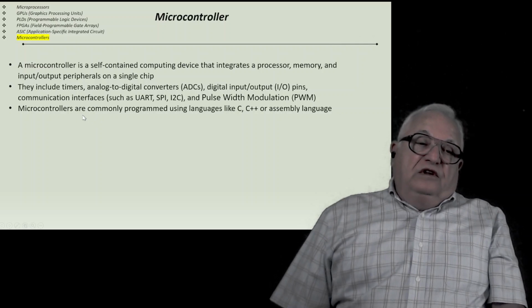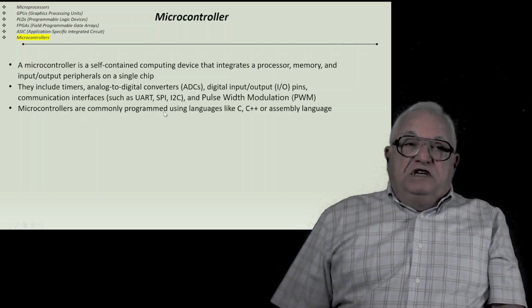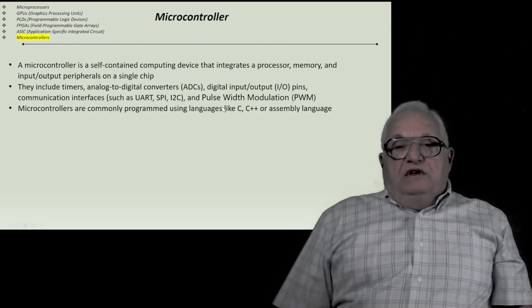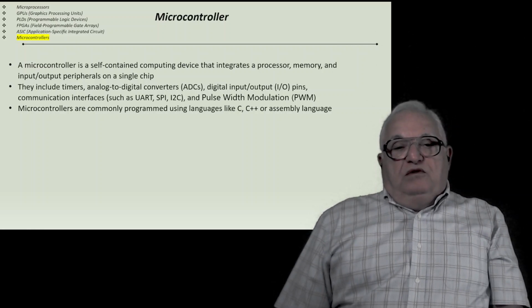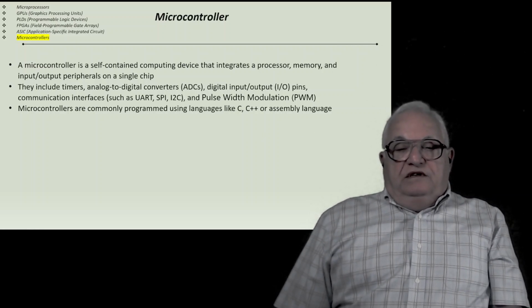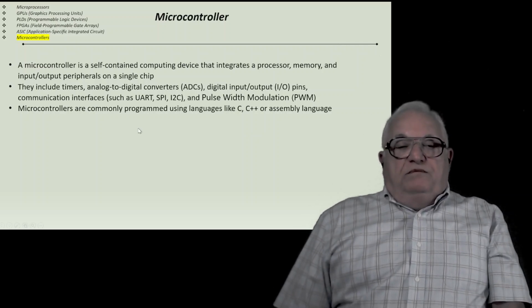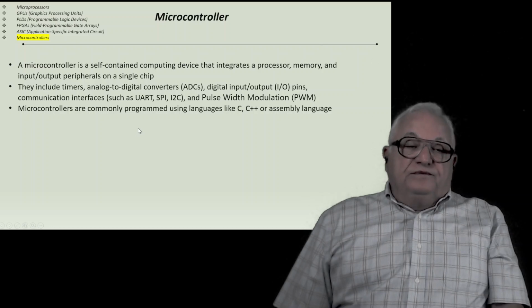Microcontrollers are commonly programmed using C, C++, or assembly language. So if you're a programmer, you can actually do something with these chips. You can write a program, load it, and make it do something. Connect this chip to a sensor and do something for $20.